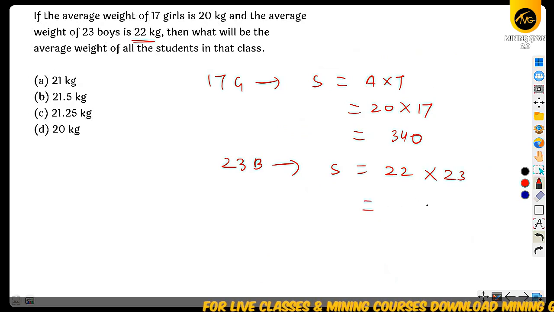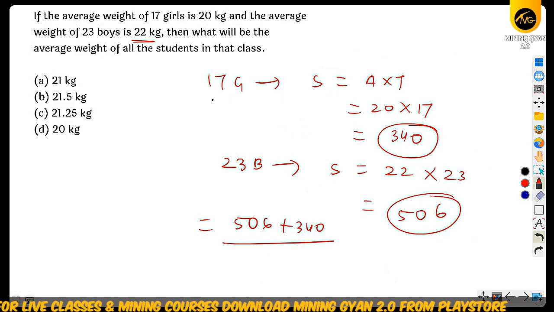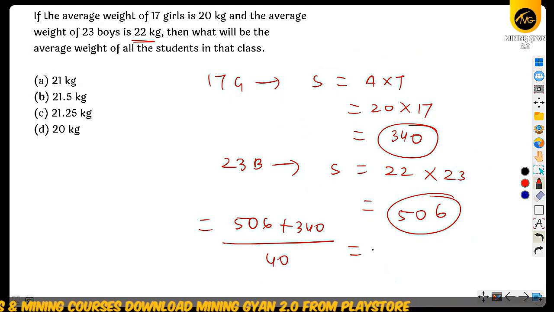Now just multiply the numbers. It will be 506. So 506 and 340, just sum the numbers, and divided by the number of students, that is 40.